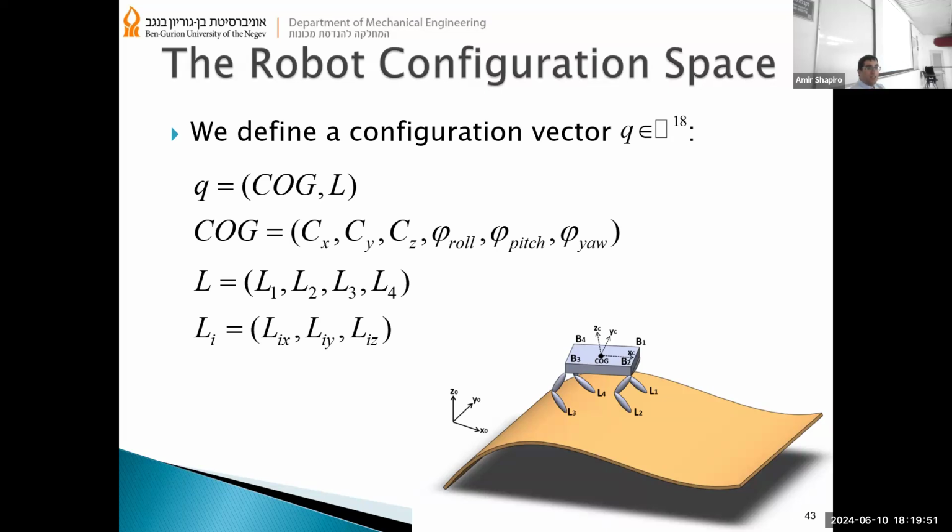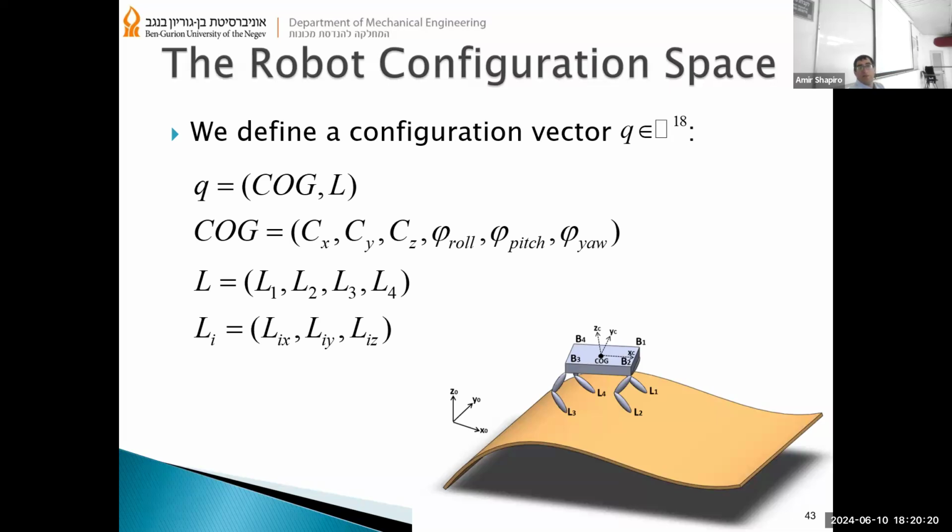L is 4 legs, and for each leg we have 3 parameters, which is the location of the tip of the leg. So in total, we have 18 parameters here. 4 legs times 3 parameters, this is 12, and 6 parameters of the central body.